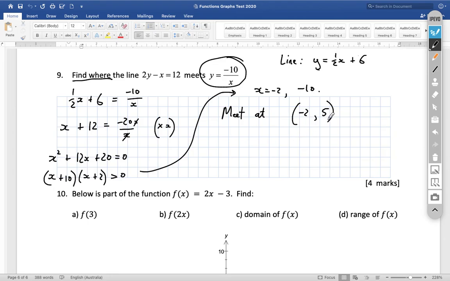They also meet where the x is -10. -10 divided by -10 is a 1, and that was -10 in the x. Really is getting a bit tired.